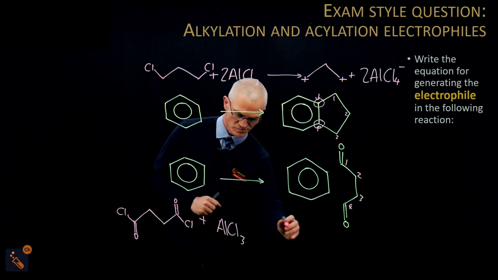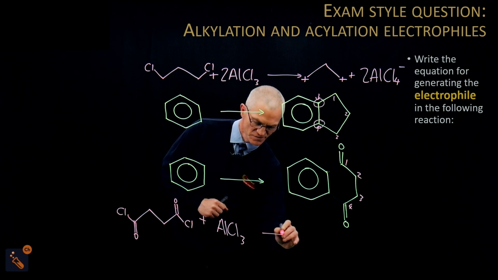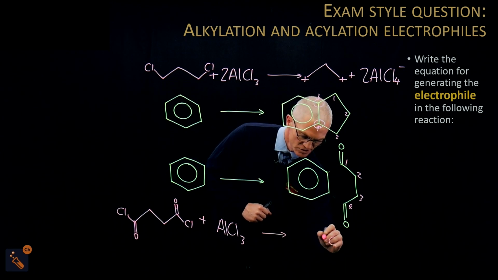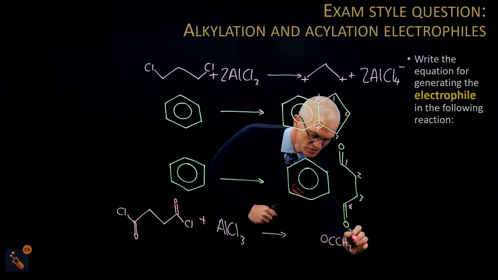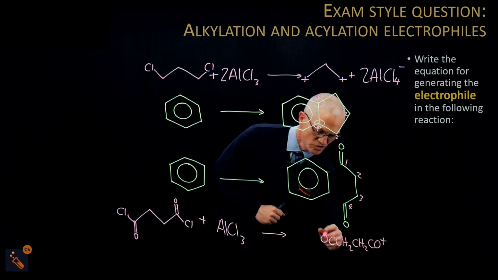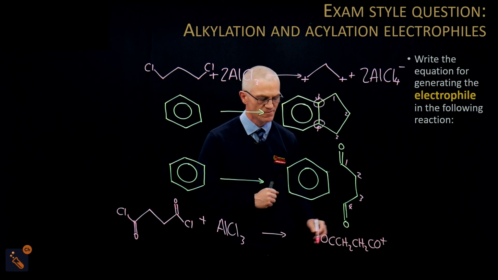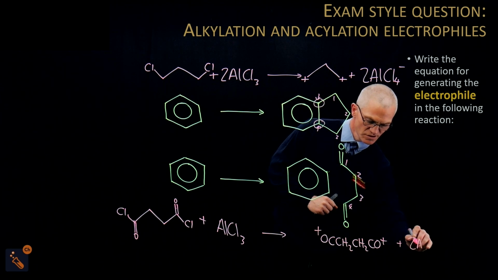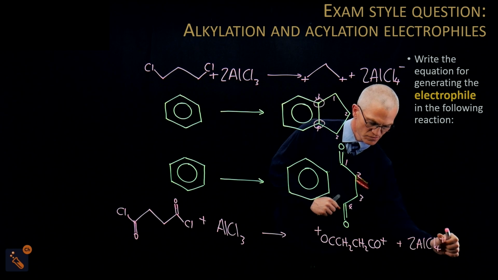So if we do the structural formula, we go COCH2CH2CO, and put our pluses on there. And then plus 2 AlCl4 minus.